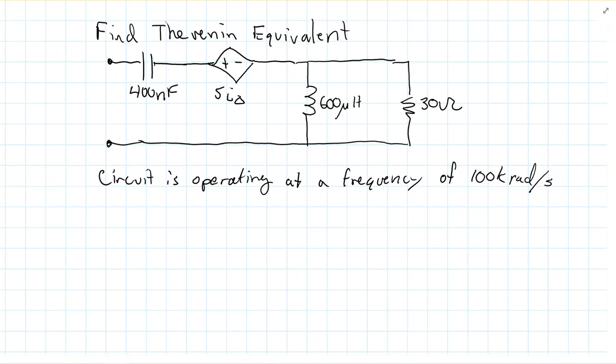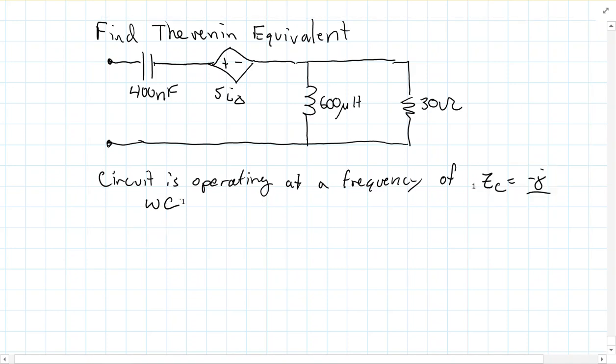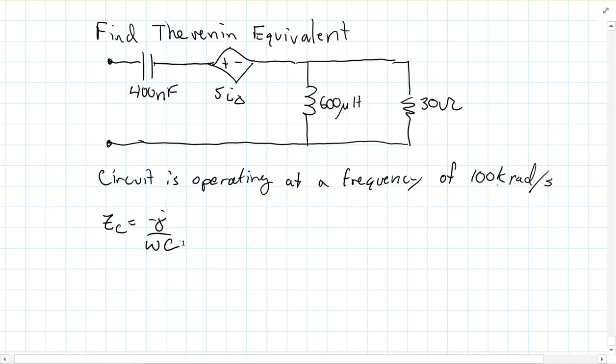So if we do these, we have a capacitor and an inductor. Remember, impedance for a capacitor would be negative j over omega C. Because this is in radians per second, this is omega. So then this would be minus j over 100k times 400 nano.